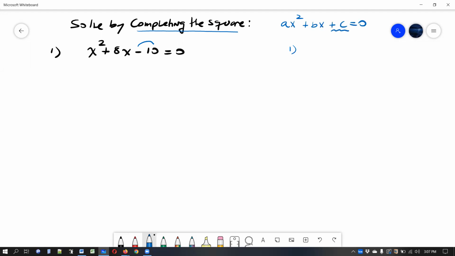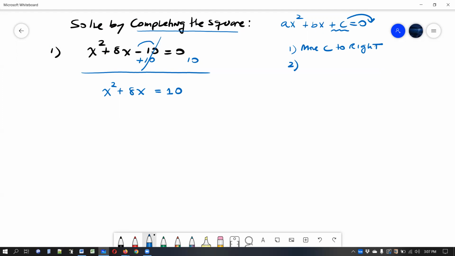This is the standard form. This number has to go to the other side. So in order to do that, I will add 10 to both sides. Now on the left, it'll cancel. And it'll show up on the right with the opposite sign. So this is step one. So move c to the right.